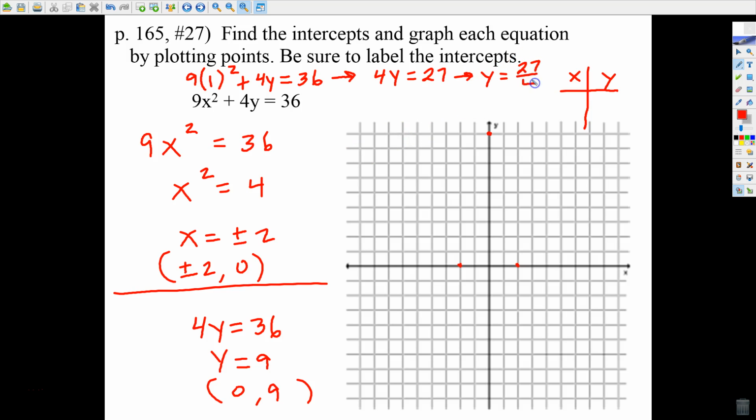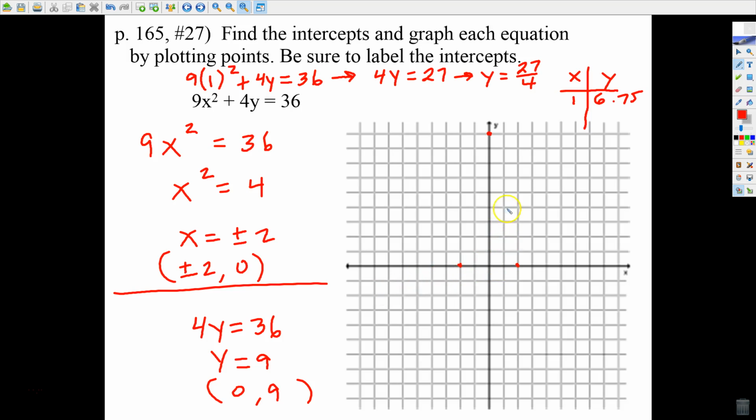Remember how to change those into mixed? How many times does 4 go into 27? 6, with how many left over? 3/4. So when we input 1, we got an output of 6 and 3/4. Let's plot those.